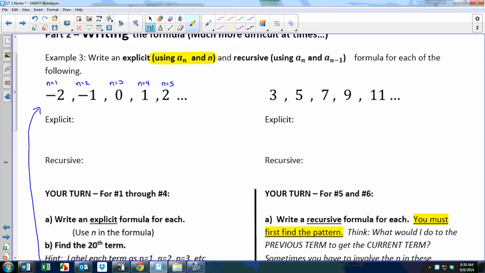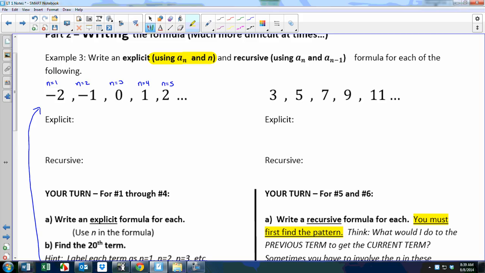And then start guessing. What could you do to the n that's above the term to get the term that's below it? Let's just take n equals 5, for example. The term n equals 5, the fifth term, is 2. What could you do to a 5 to make it a 2? Your first gut reaction was subtract 3.